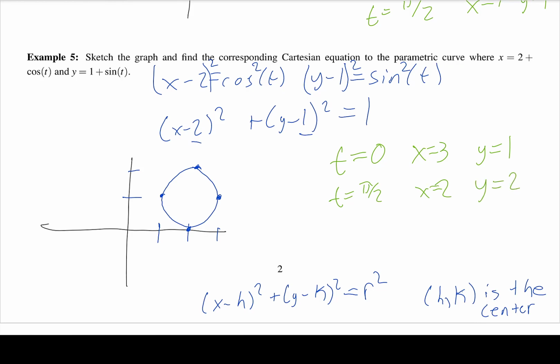So I'm traveling from 3, 1, which is located here, to the point 2, 2. That would be located here. And so that tells me that my direction is going to look like this.